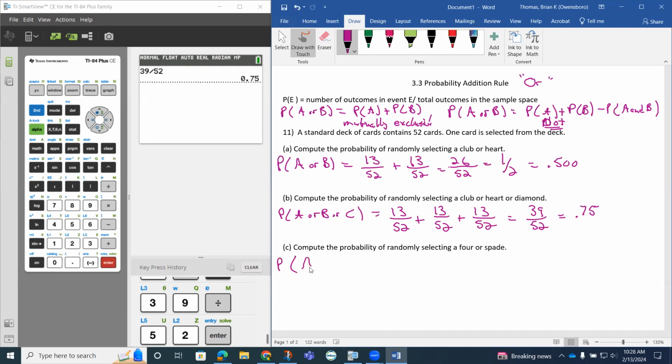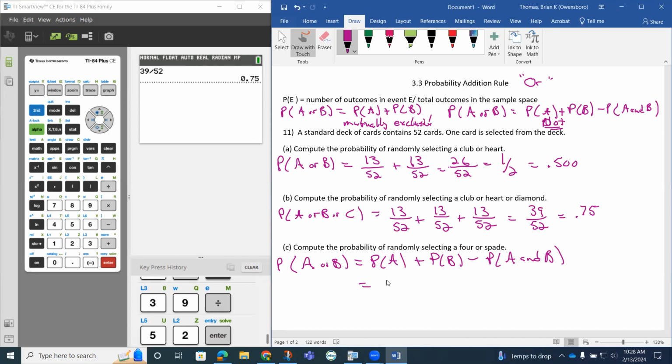So this is going to be the probability of A or B. You want to find the probability of getting a 4, the probability of getting a spade, but you want to remove the probability of the 4 that is a spade. So we have to remove that overlap.